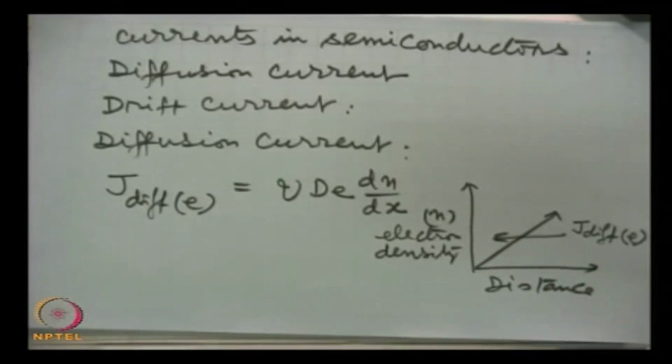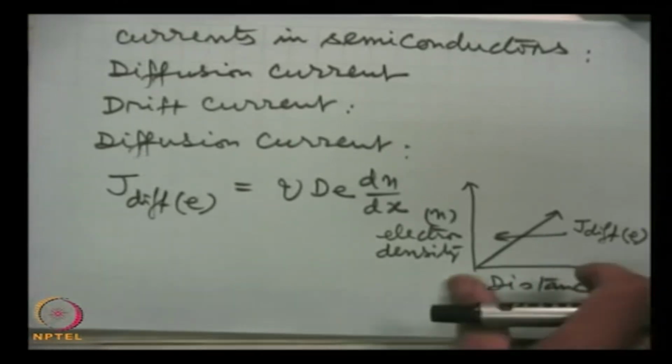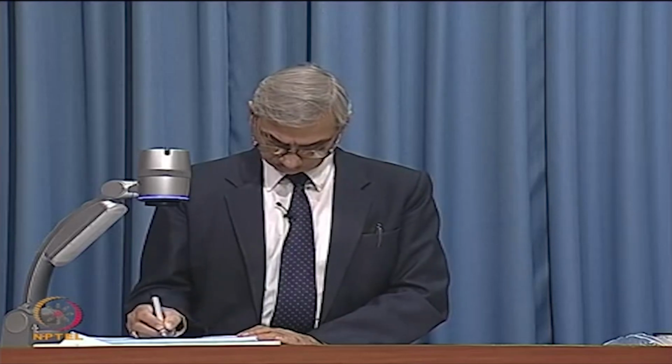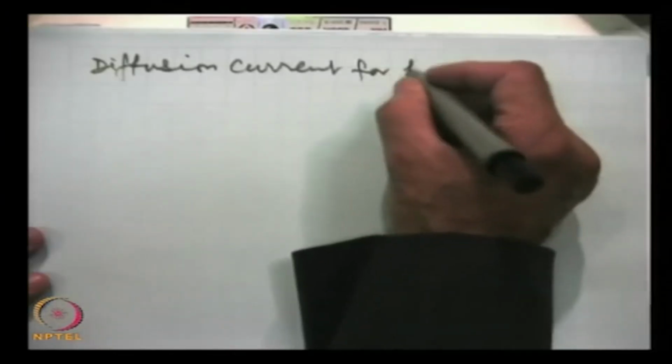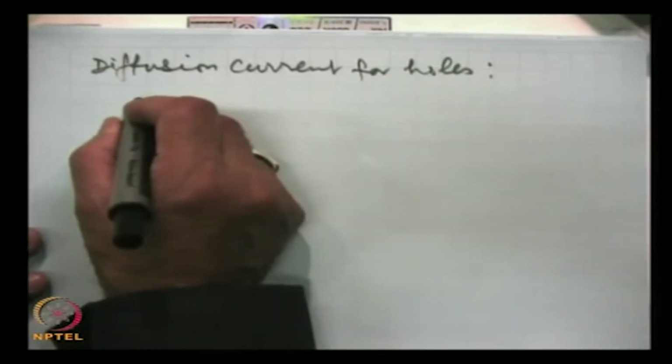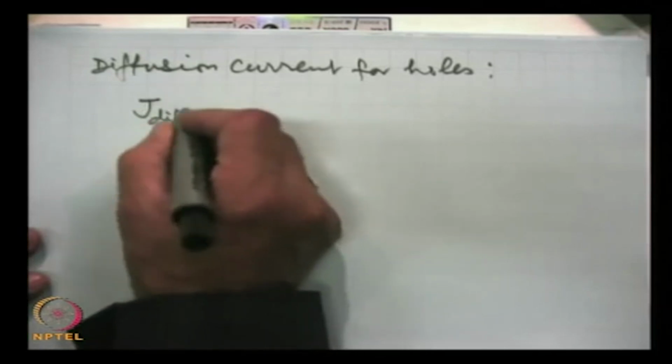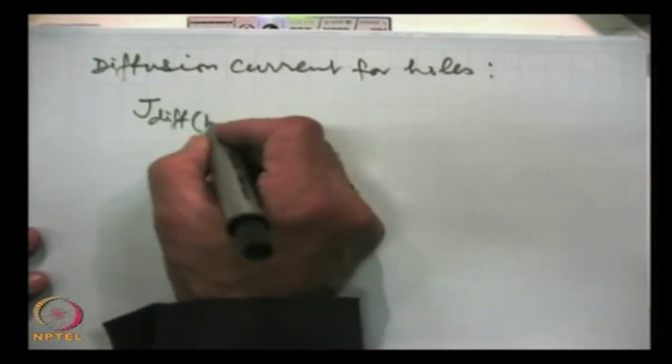We can write a similar expression for the holes. So, the diffusion current for holes can be written as the diffusion because of holes.